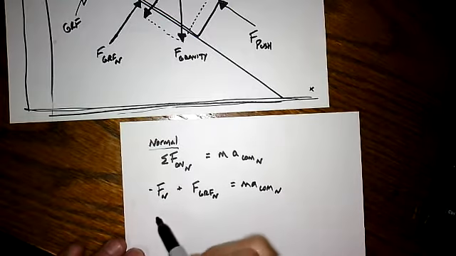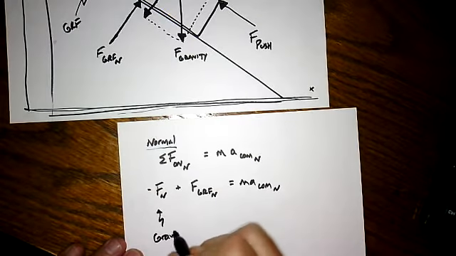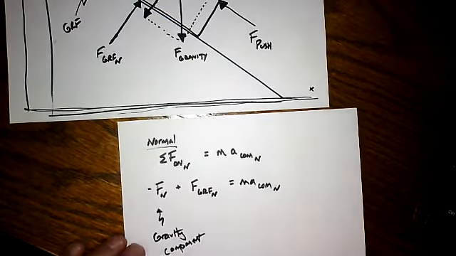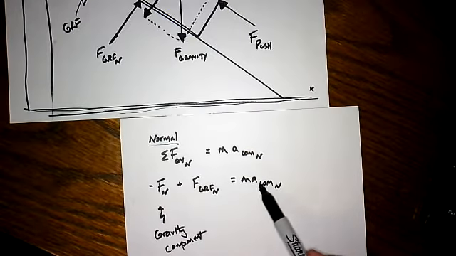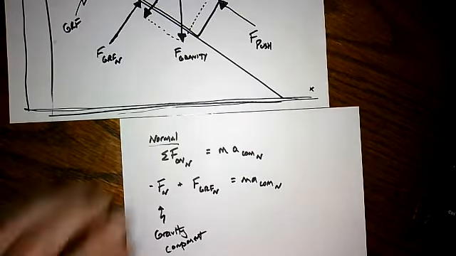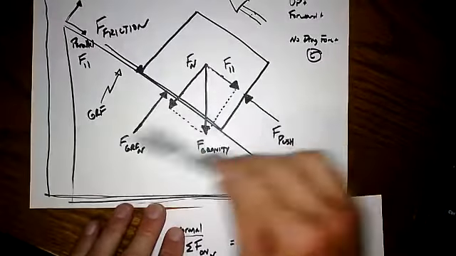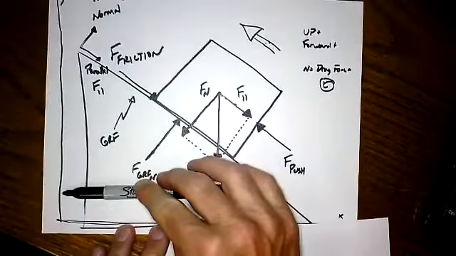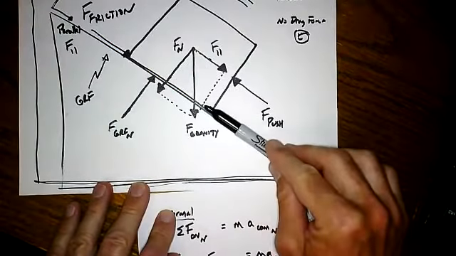If I add up the forces acting on the object, and again, this is from gravity, that's the component of gravity acting in the normal direction, plus the ground reaction force in the normal direction equals the product of these two. Because, now don't get confused, this box is moving up relative to our global reference frame, but it's not moving upwards relative to this surface.